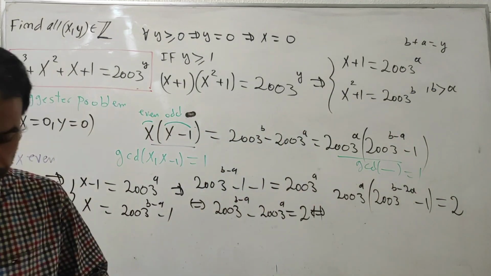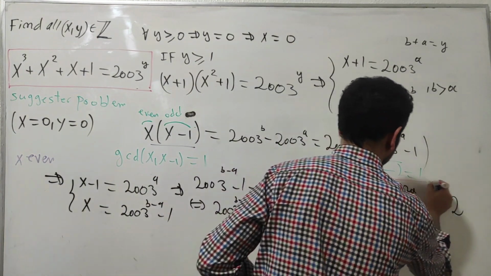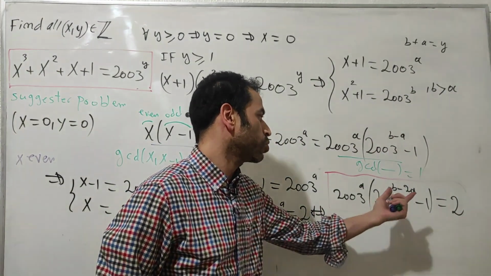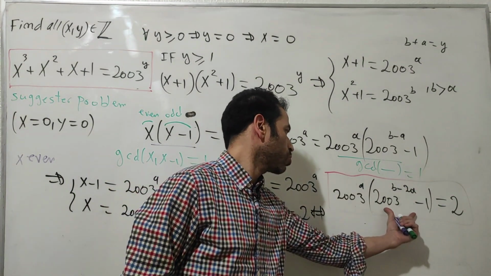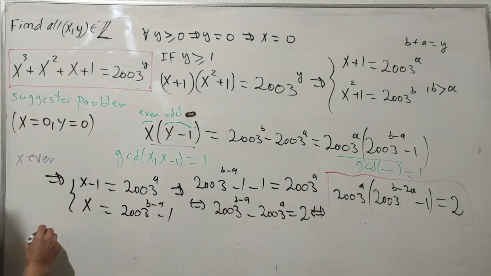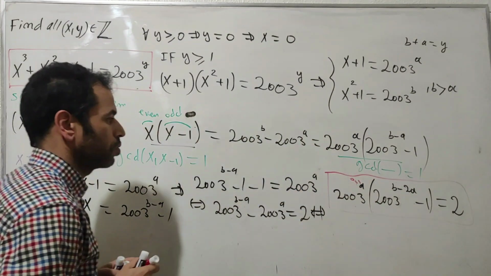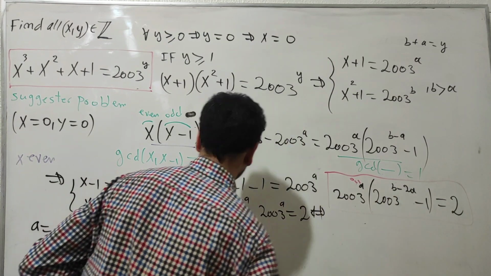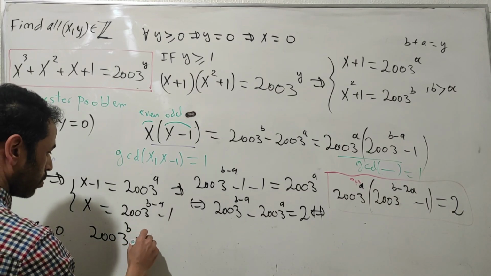I have extracted a nice equation here, so it's simpler to solve now. Since 2003 to the a is odd, it is going to take 1. In other words, a must be equal to 0, and this one is going to take 2. So a equals 0. Then replacing a with 0 in this one, I get 2003 to the b minus 1 equals 2.